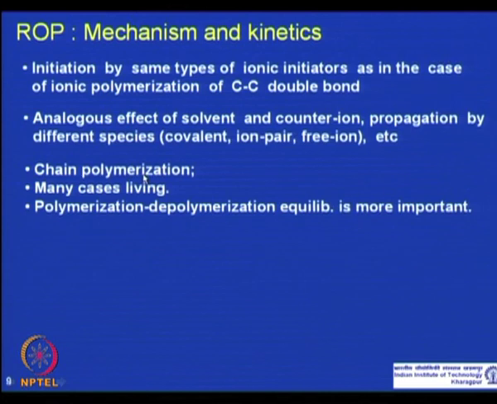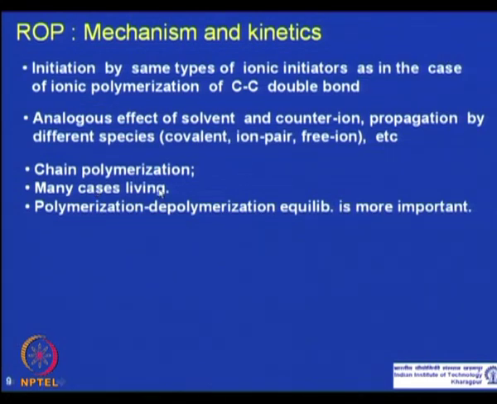So, basically a propagating chain propagates, monomers get added, and the chain keeps on propagating. There is no reaction between two monomers, or between two high molecular weight polymeric chains, the same as the mechanism of chain polymerization. Because we are talking about ionic polymerization, in most cases they are living, and bimolecular termination is not possible for ionic polymerization.